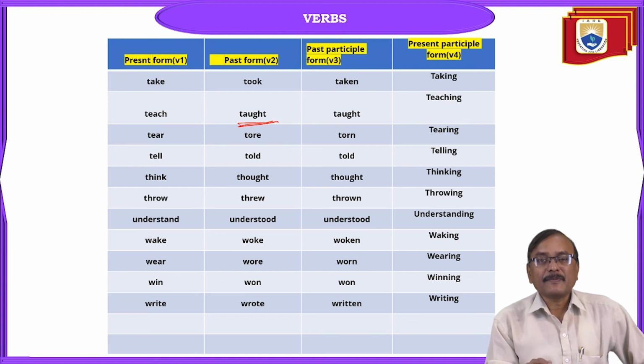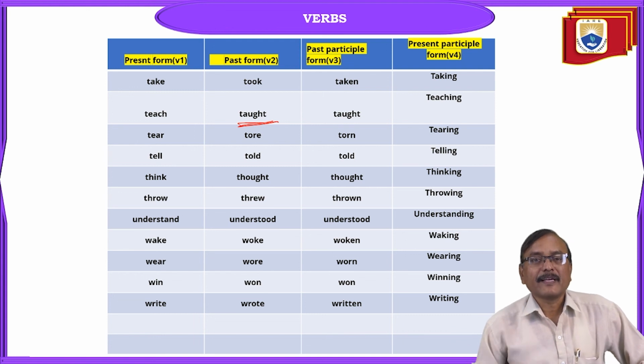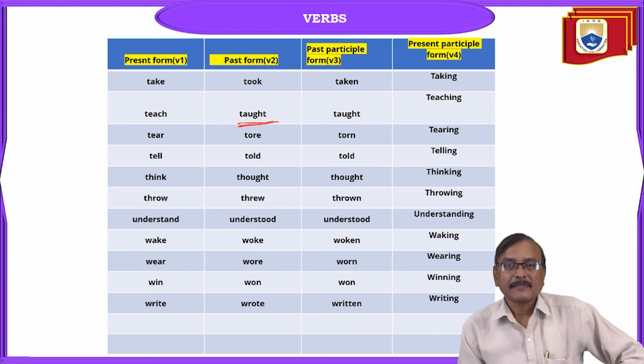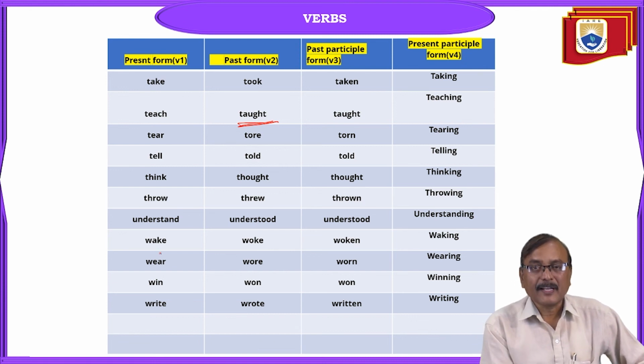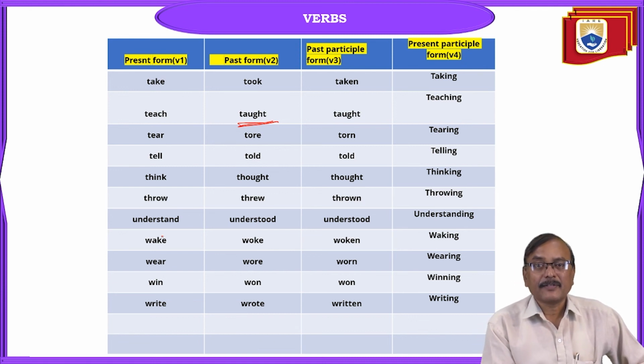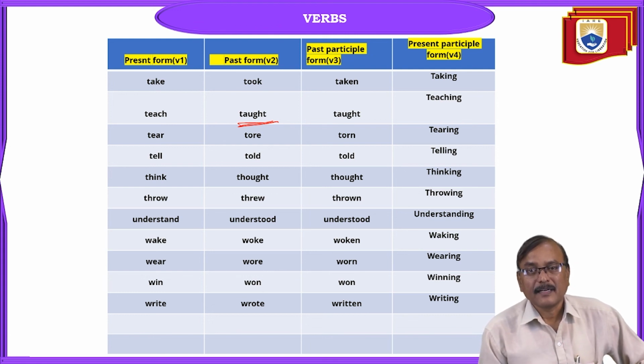Of course, for some verbs, it is just by adding ed, we can change it into past and past perfect. And especially for irregular verbs like this, you have to remember V2 form, V3 form. Is it clear? Otherwise, you may go wrong. Okay?